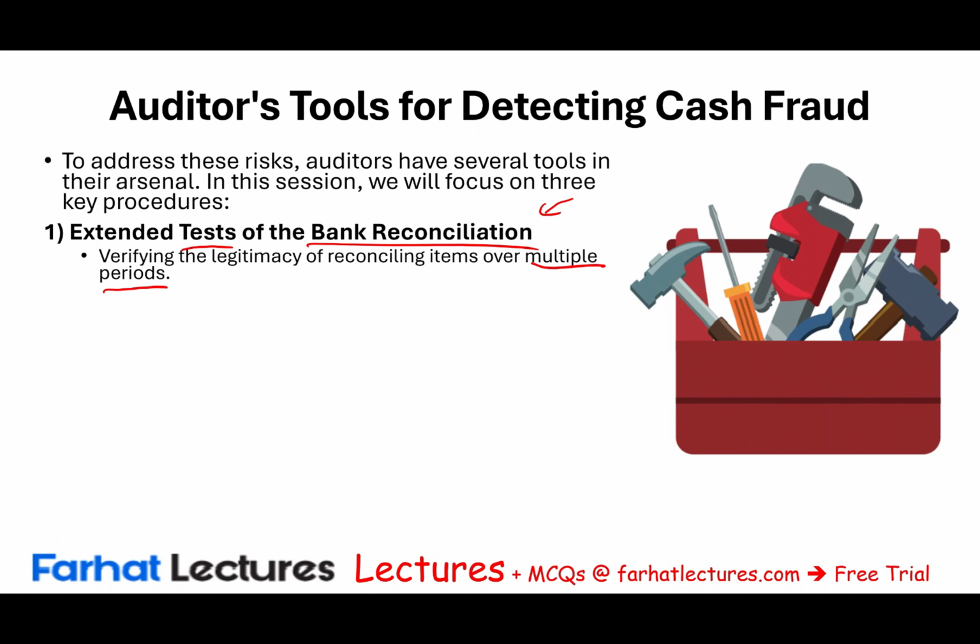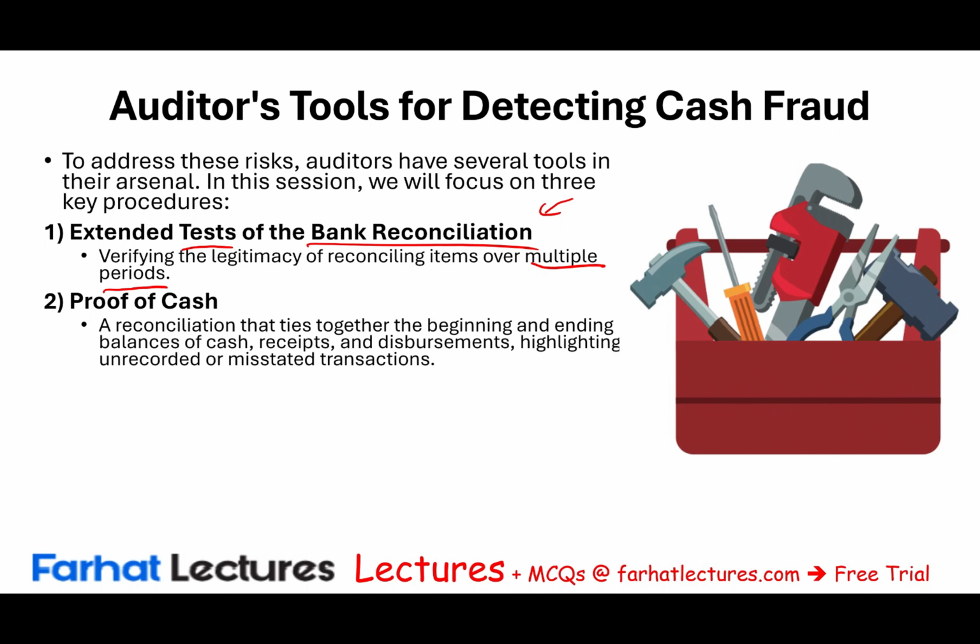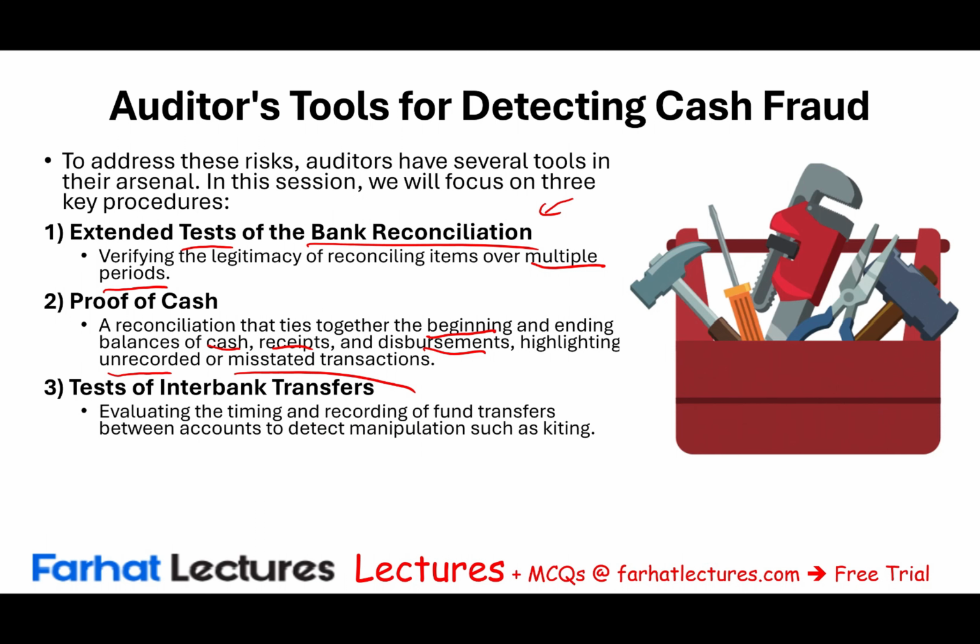So we're not going to look at one period, we're going to look at multiple periods. The second tool is what we call proof of cash, which is a reconciliation that ties together the beginning and ending cash balance, receipts, and disbursements to highlight any unrecorded or missing transactions. And the third tool we might use is the test of interbank transfers, evaluating the timing of recording of fund transfers between accounts to detect manipulation, and here we're looking at kiting. So those are the three tools that we have.